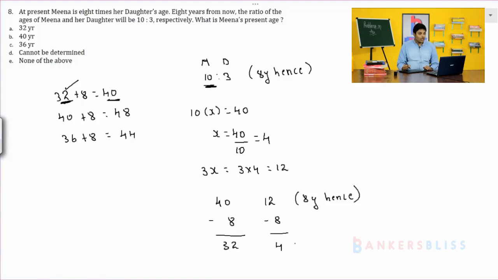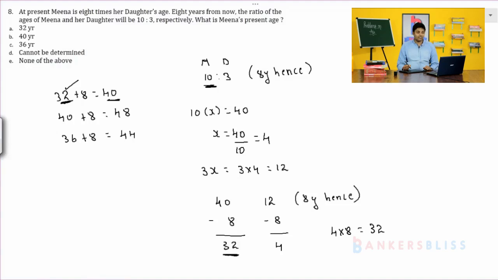What they are telling is Meena is 8 times her daughter. So 8 times her daughter means 4 into 8, that is equal to 32. And which answer did we get? That is also 32. So both are 32, so 32 is the right answer.